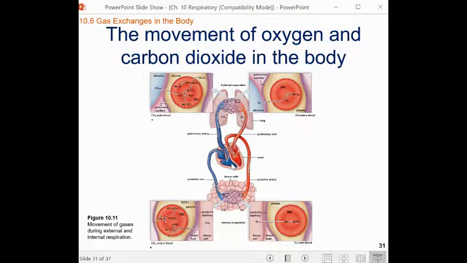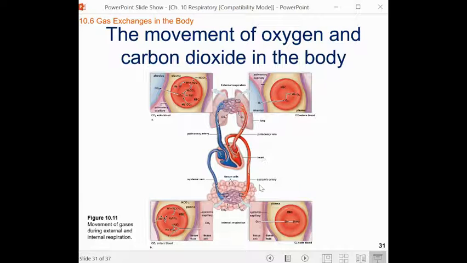In this image, you can see how this is occurring. In the lungs, we have these capillaries, and in those capillaries, we see that high level of carbon dioxide moving into the alveolar sac, and then the high level of oxygen from the alveolar sac moving into the bloodstream and then into the red blood cells.